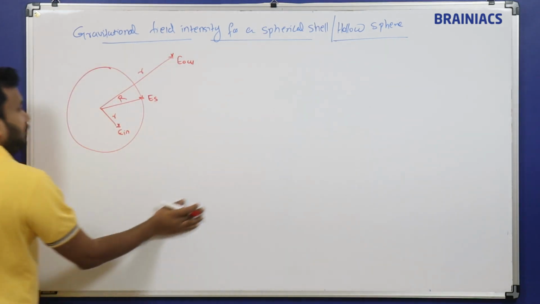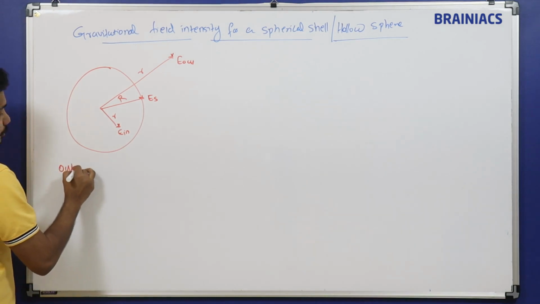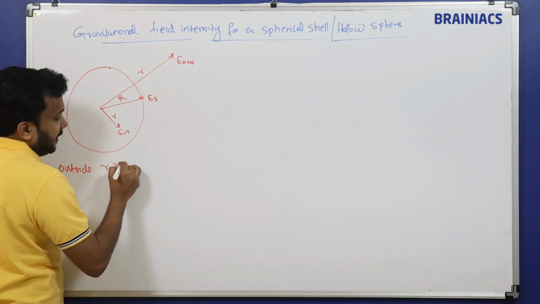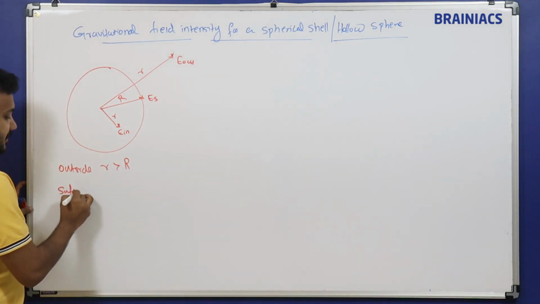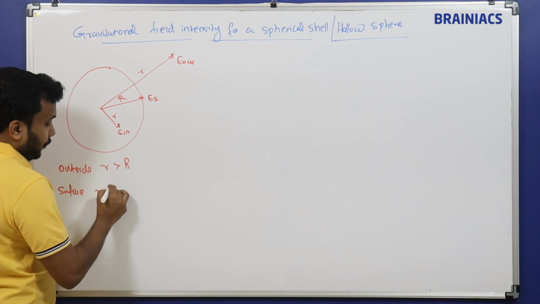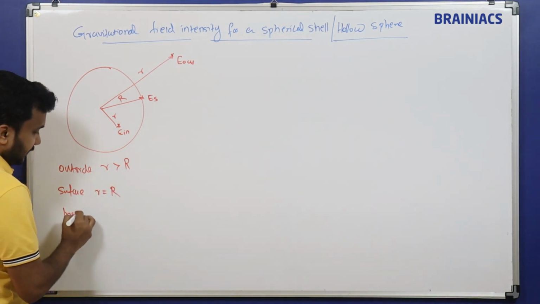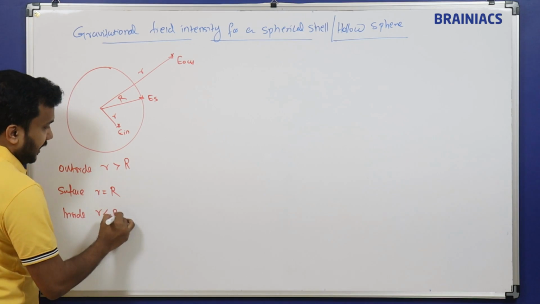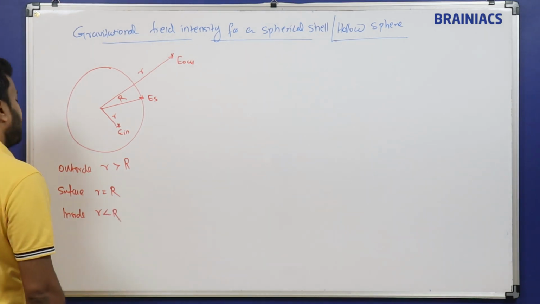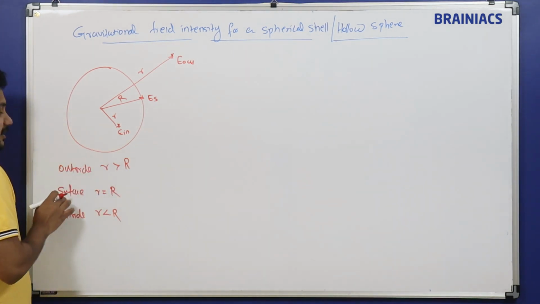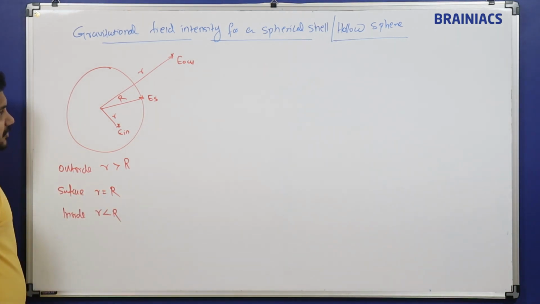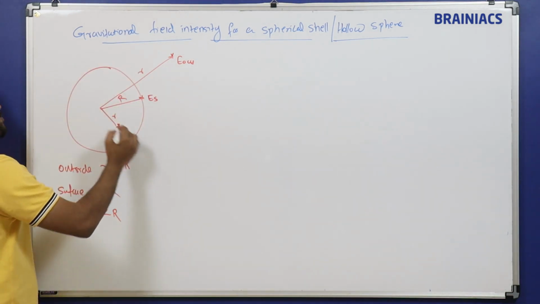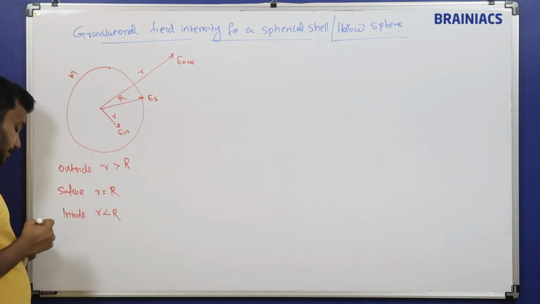Outside point: small r greater than capital R. Surface: small r equal to capital R. Inside point: small r less than capital R. So we have three points. This is a spherical shell whose mass is given as capital M.